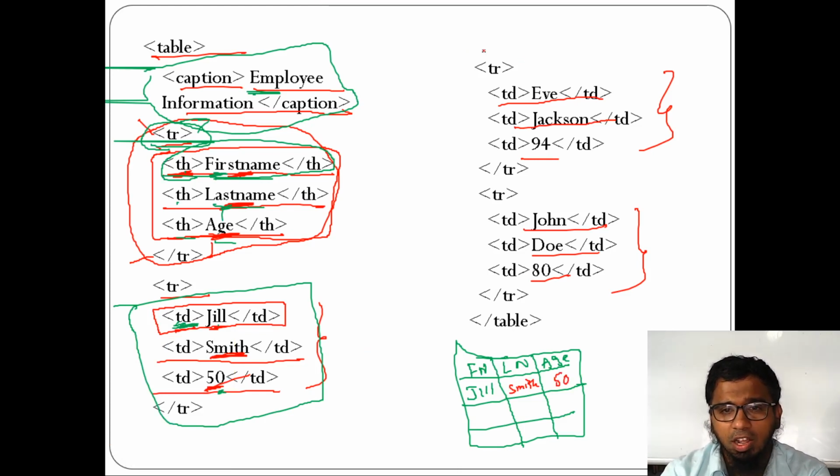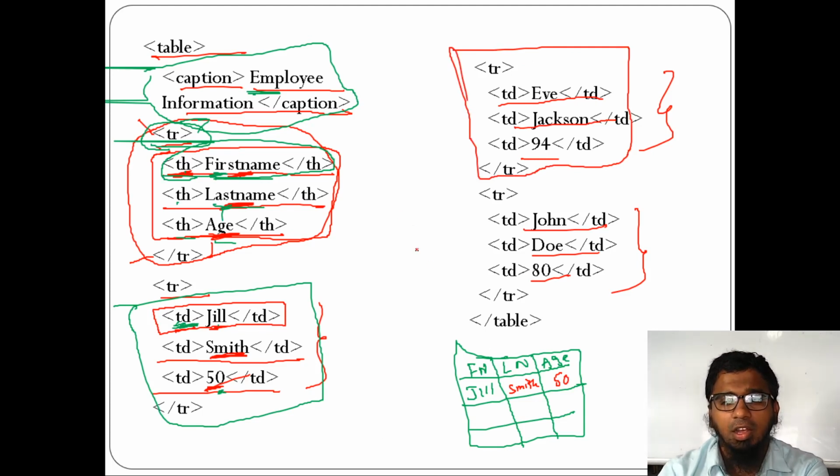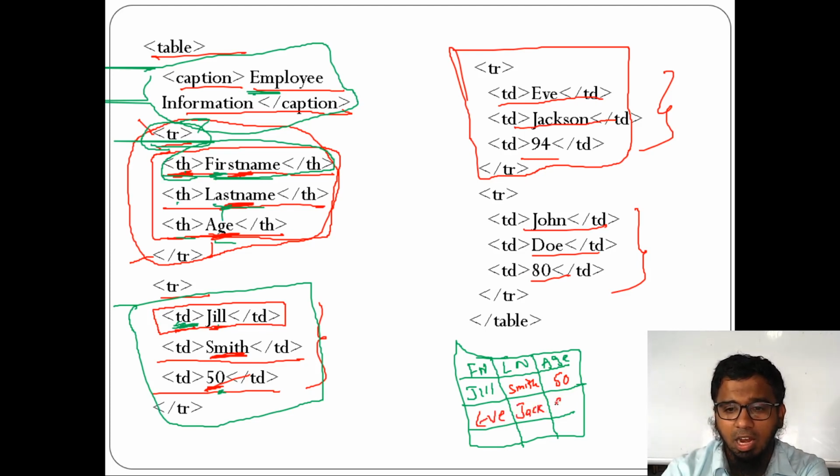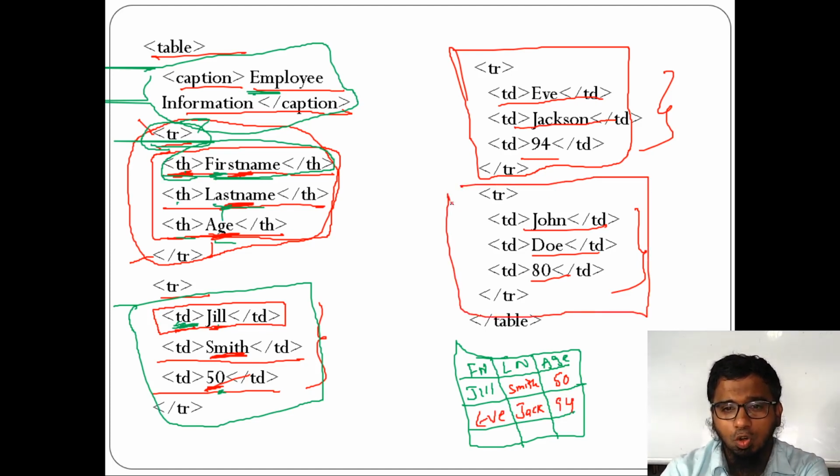When you write another TR like this, then it will be here. The next is Eve, Jackson, okay, and 94. Then this is the next row, it will go to the next row.